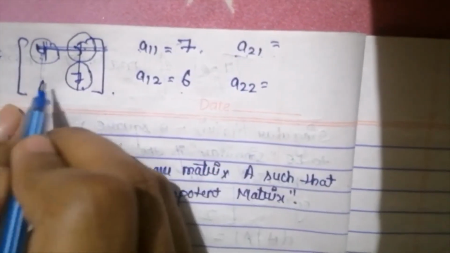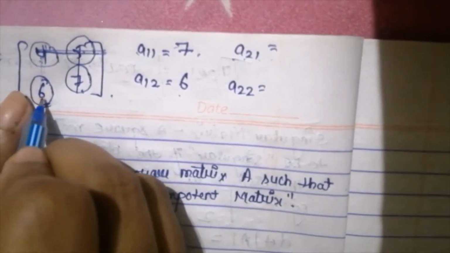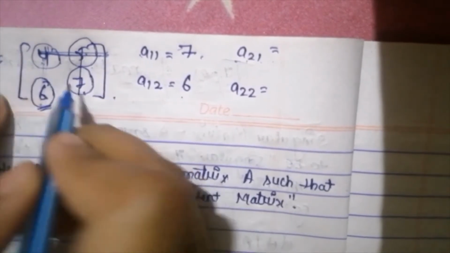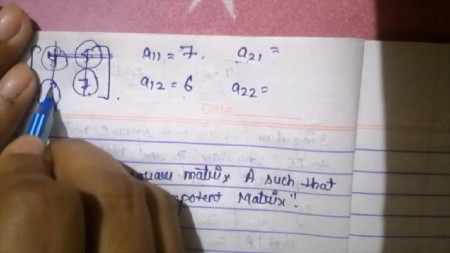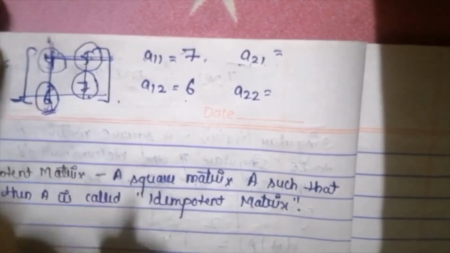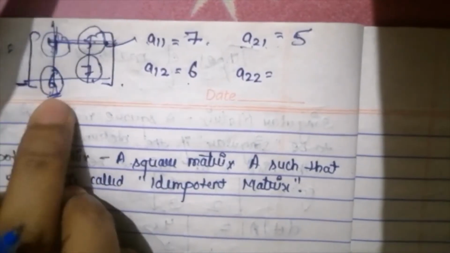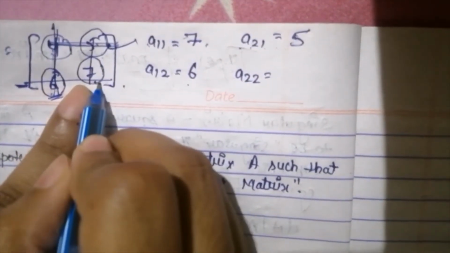For the A21 element, 6 is the element. So for calculating the minor of A21, we will leave the second row and first column. So the remaining number 5 is the minor of 6. The last one is 7.